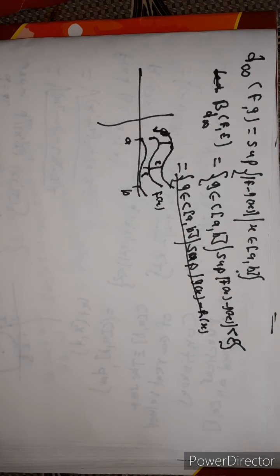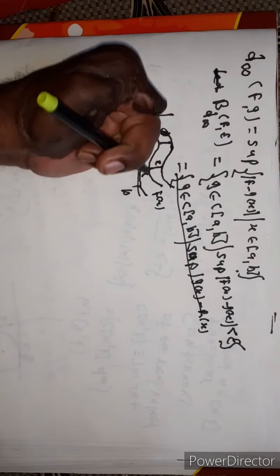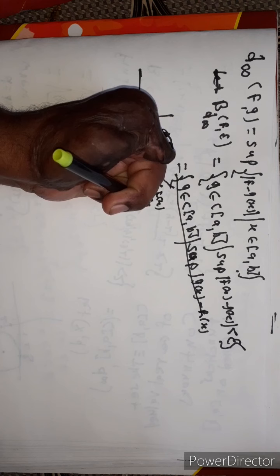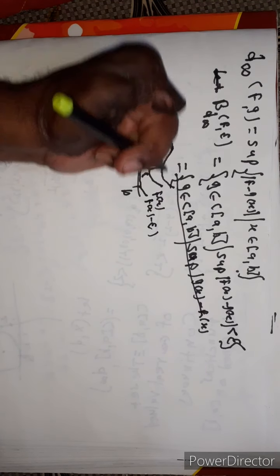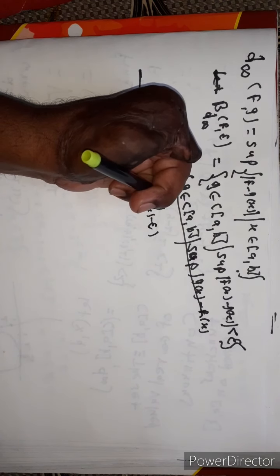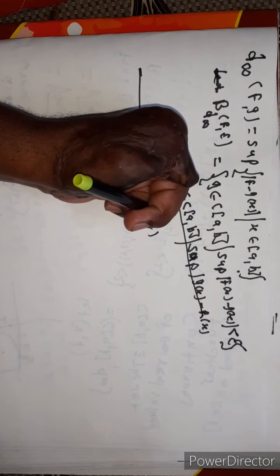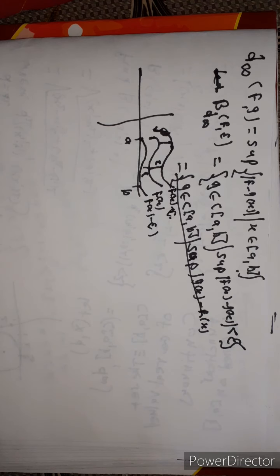Therefore, this open ball is the set of all the continuous functions whose graph lies between the bands, between the two curves f of x minus epsilon and f of x plus epsilon. So this is the concept of open ball.